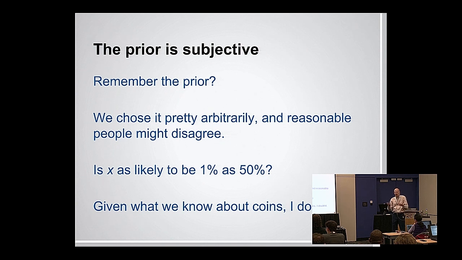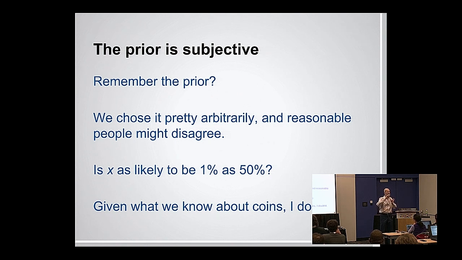You might believe, just based on what you know about physics and coins, that it could be 51 or 49, sure, that's possible. 60, maybe, that would be kind of a weird coin, but maybe. 40, yeah, okay. 90? I doubt I could make a coin that would fall one way 90% of the time.